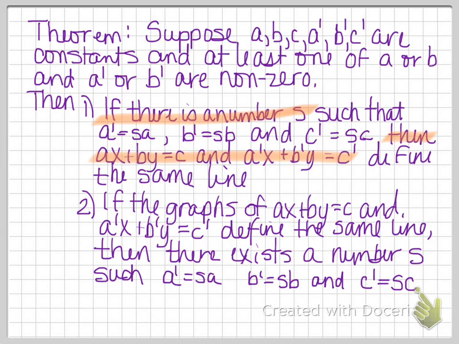So it's kind of the backwards, right? So if the graphs define the same line, then there's this number s such that everything's a multiple, they're multiples of each other. Okay, so let's see if we can see how that works out in some problems.